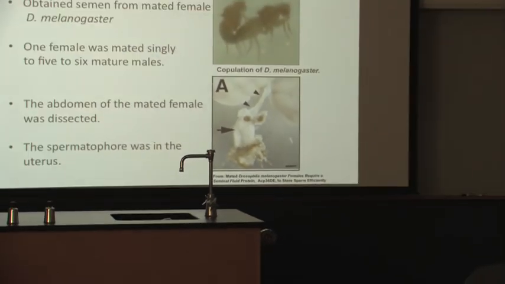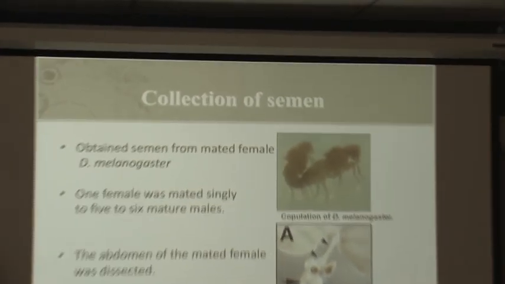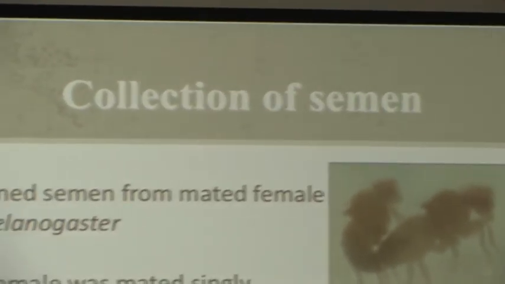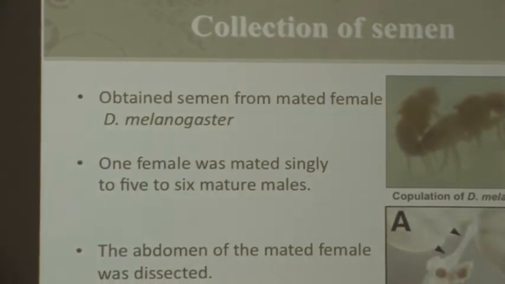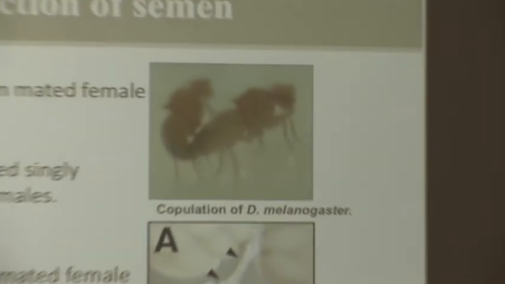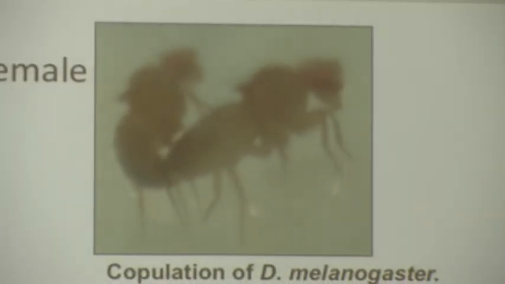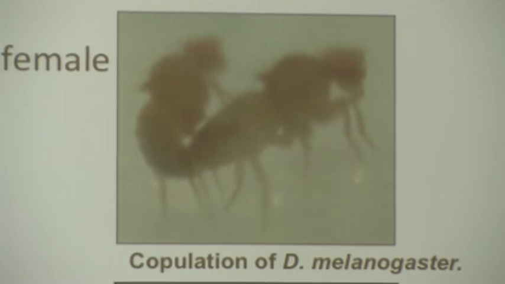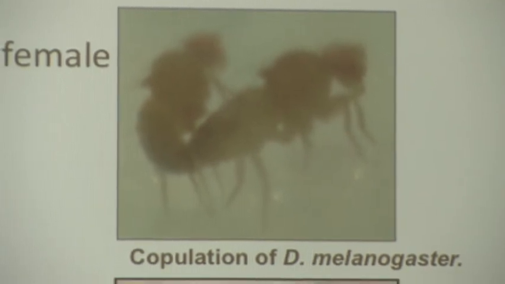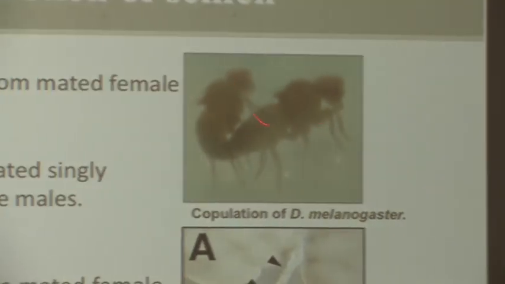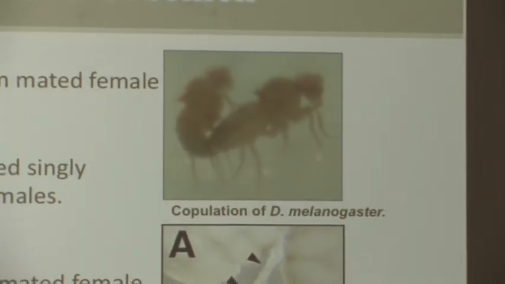Next, I want to talk about collecting the semen. We use two different ways to collect semen. Firstly, to collect semen from the mated virgin female, we put one female and 5 to 6 mature males together. The copulation will continue for maybe 20 minutes.